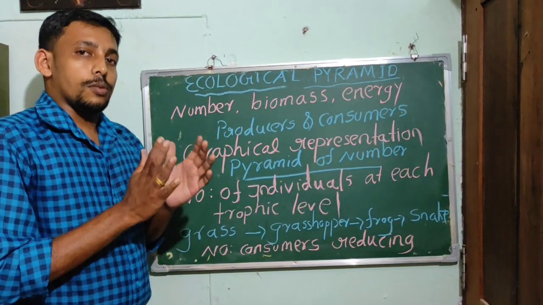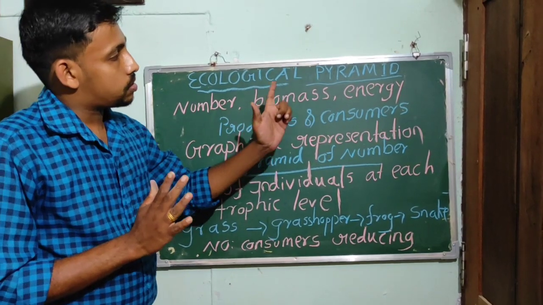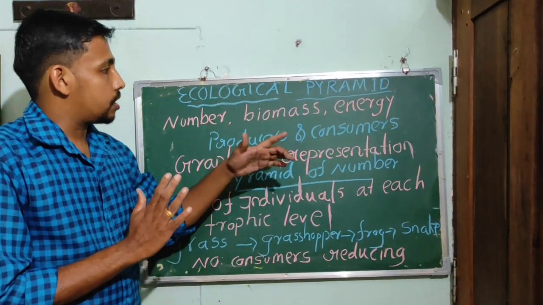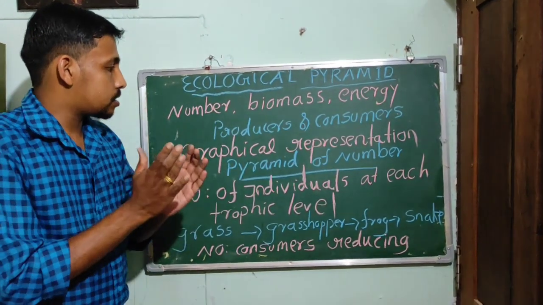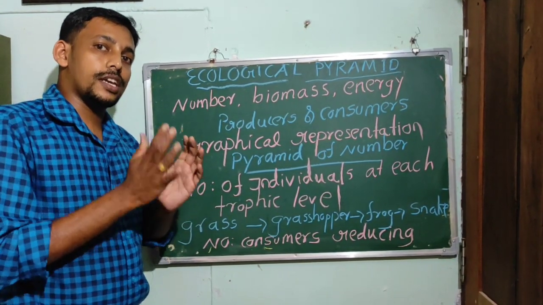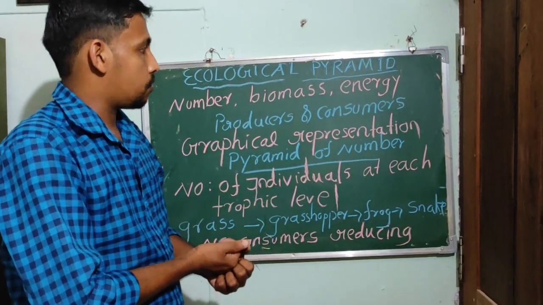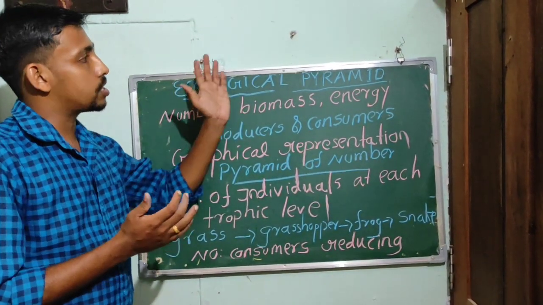There is a relationship between the number, biomass, and energy content of the producers and the consumers. This relationship can be represented in a diagram. This graphical representation is known as the ecological pyramid.